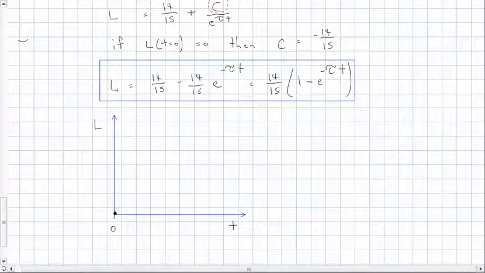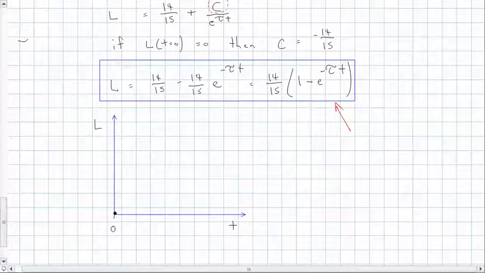So at time equals 0, looking up here, think about how it will behave. At time equals 0, the exponent goes to 0, so e to 0 is a 1. Great, it works, because 1 minus 1 is 0. Now, as time increases, the exponent becomes larger and larger negative, so it becomes a smaller and smaller value.